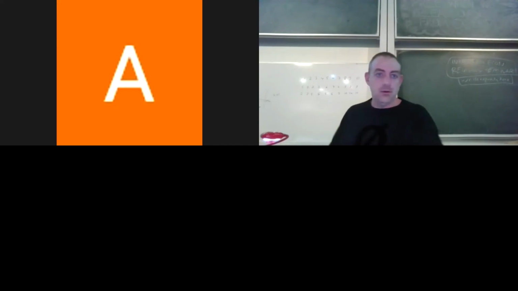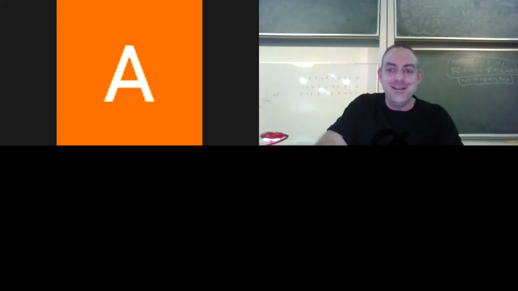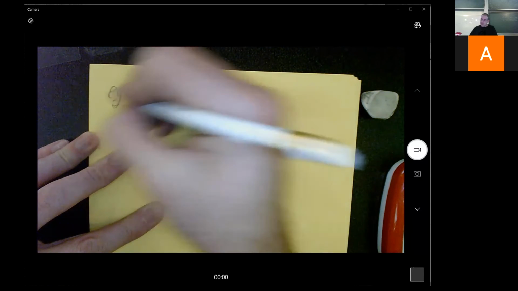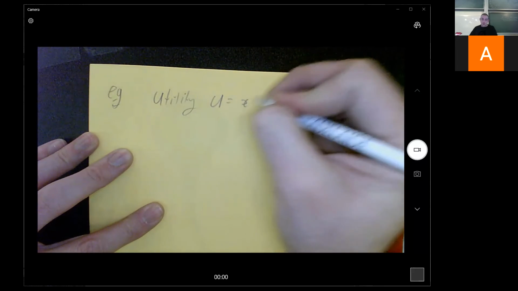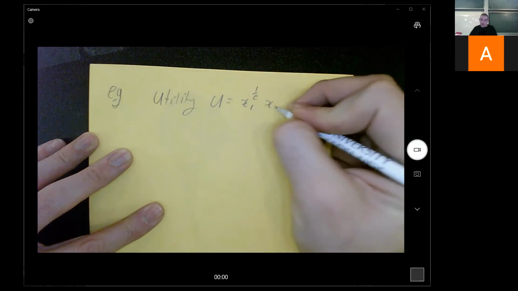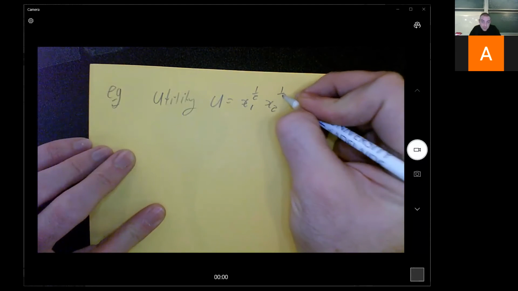I'm going to do this one first because it's about partial derivatives. It's not about maximizing, but it's still in the zone, so I'm going to do this one. Or maybe I should put my paper back on the screen. So we have a utility u, which is x1 to the half, x2 to the third.